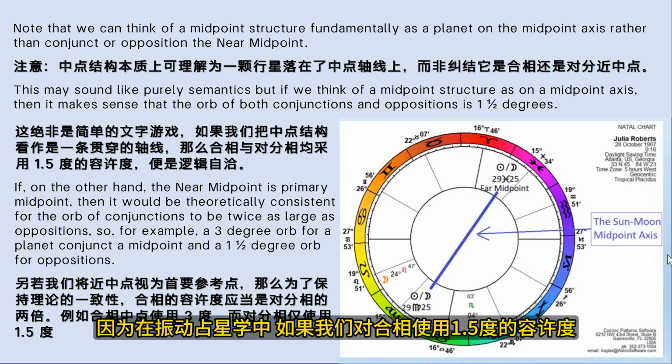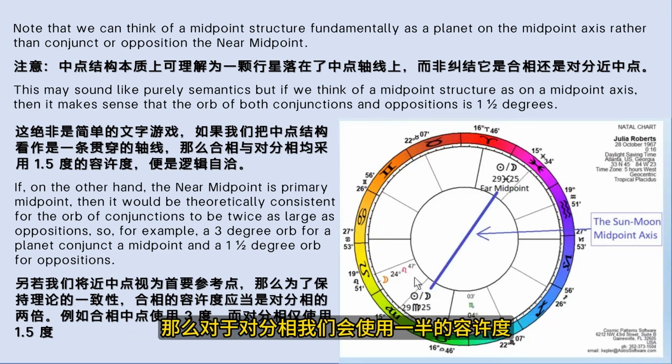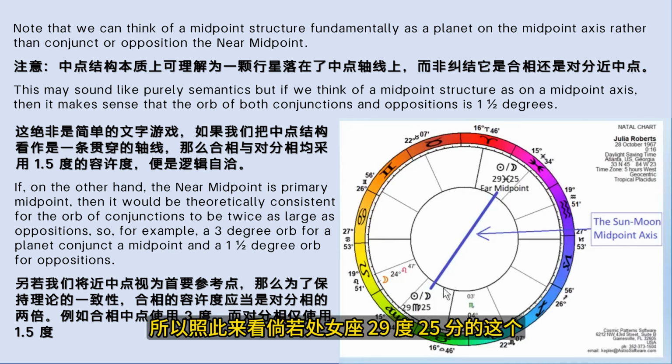Because in vibrational astrology, if we use a 1.5 degree orb for conjunctions, then we would use half that orb for an opposition. So if the near midpoint, this midpoint at 29 degrees 25 minutes of Virgo, is like the midpoint, then for a planet in opposition, the orb for oppositions is half of conjunctions.